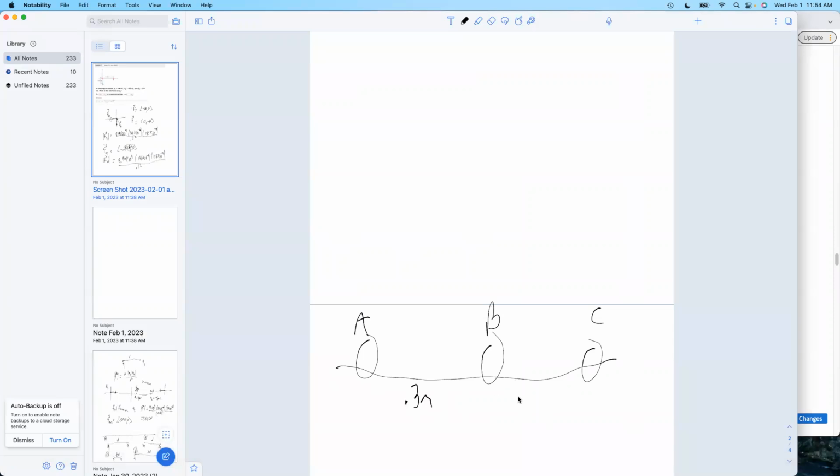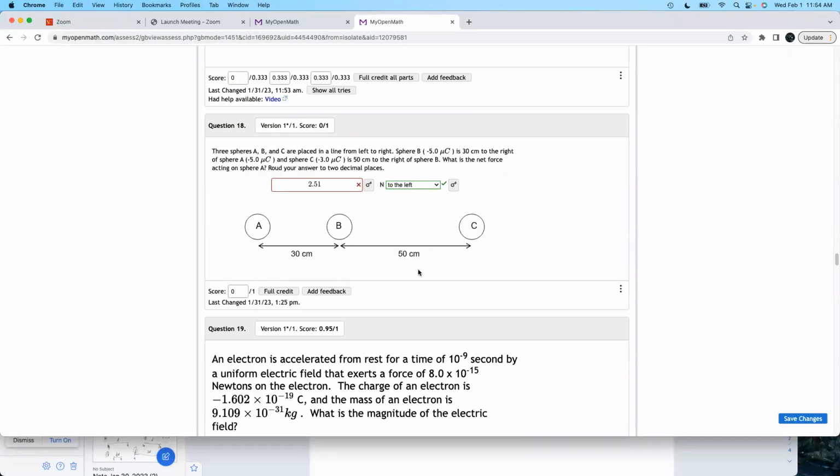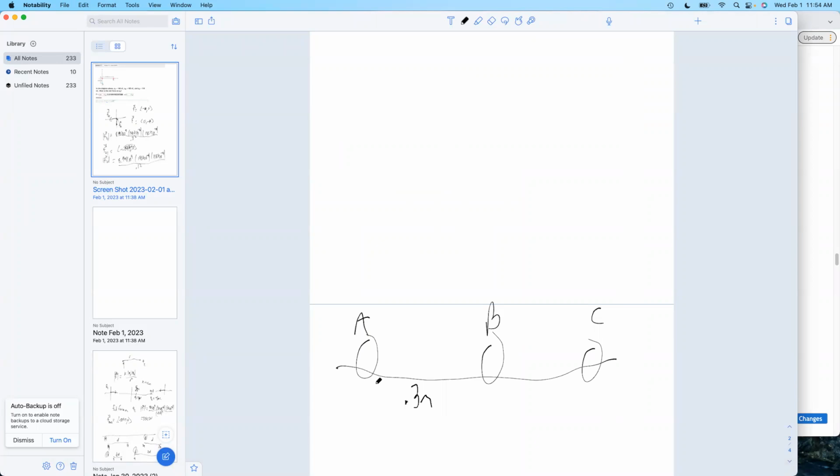Yes, I had 0.3 meters, but then I had 0.8, from A to C. Are we going to need that? What are we trying to find? On A. Yeah, on A. So yeah, we'll need that. So that's 0.3, and this will be 0.8 meters.